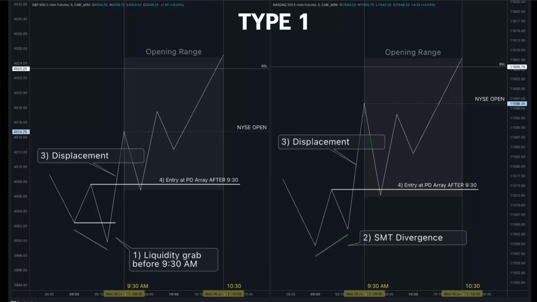Step 4 is when we look for our entry. So now we are after 9:30, after the New York Stock Exchange open, at which point we are ready and waiting for some sort of a retracement where we can hopefully enter a buy trade in this example. And so we might mark out this level right here.